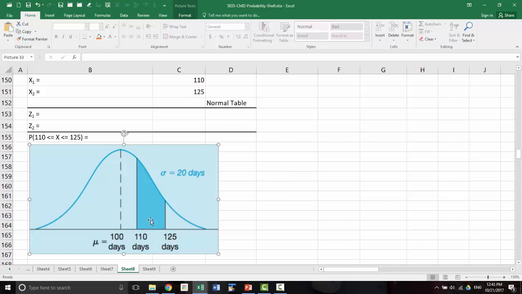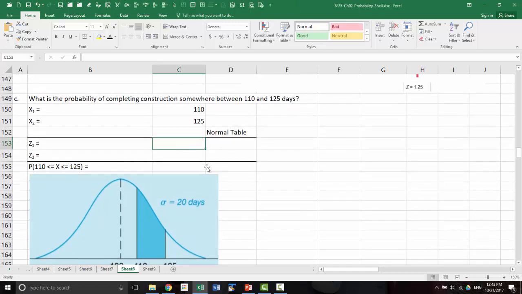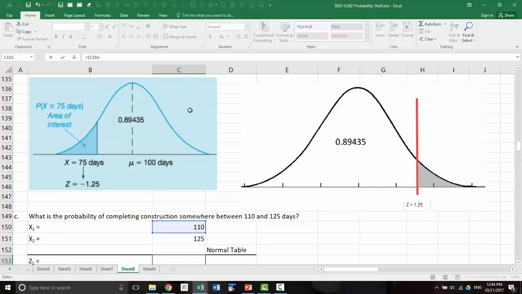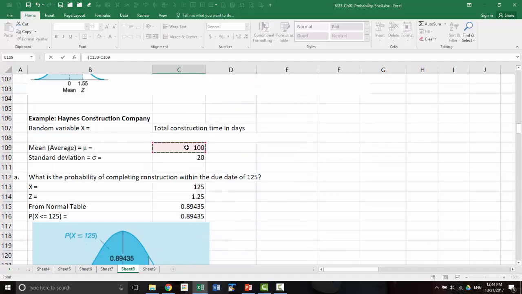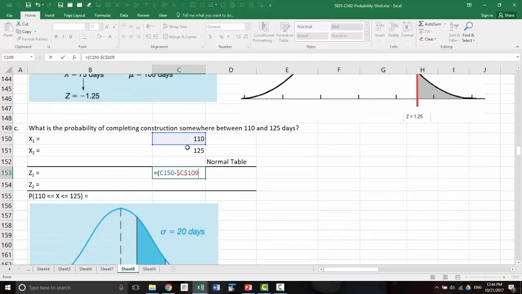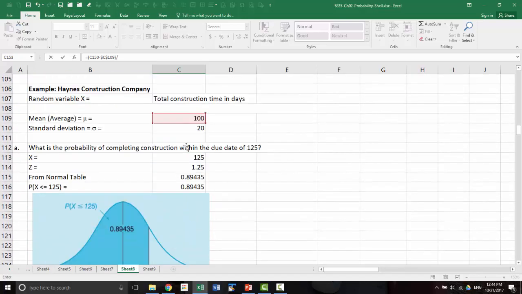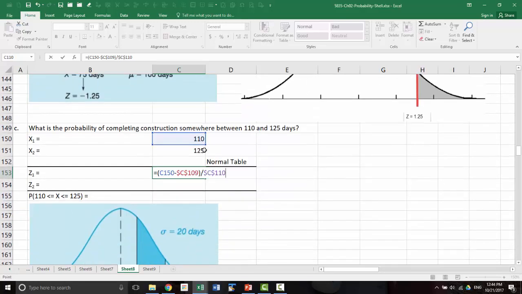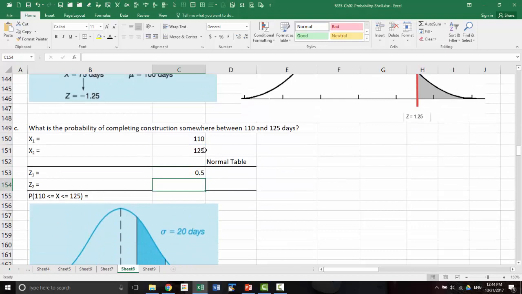Of course, first we have to find the corresponding standard normal value for each of these two x values. So you have x sub 1 minus the mean, absolute reference that with F4, divided by the standard deviation, again absolute reference that. Now copy that.